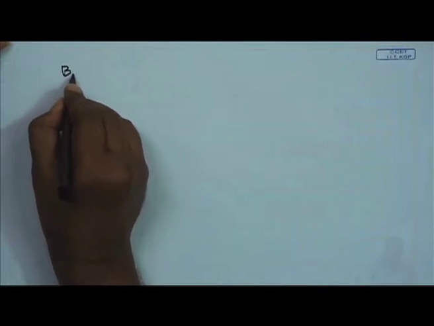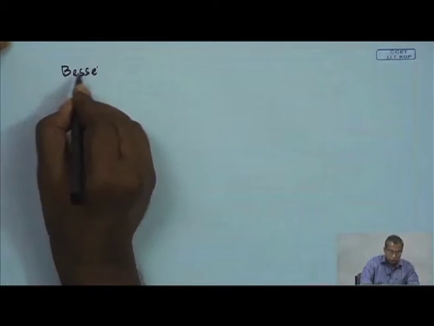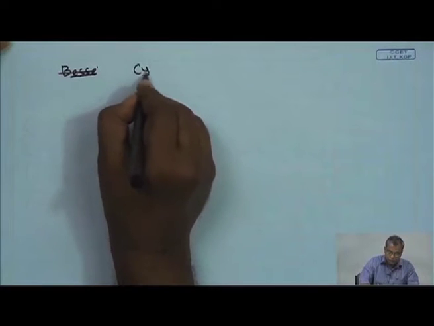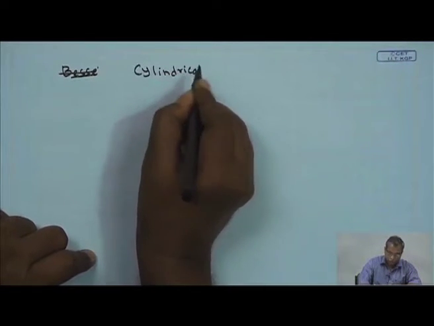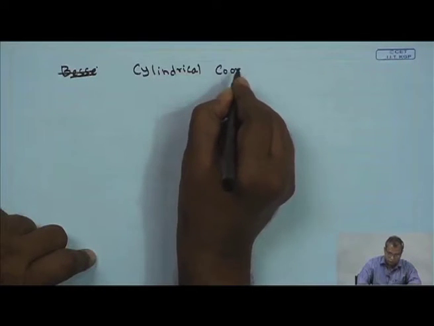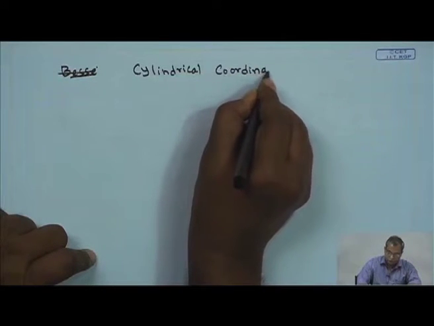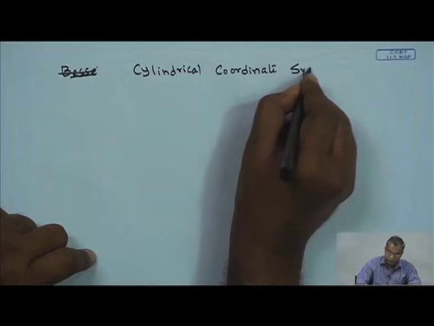Now let us look into the Bessel equation. This will basically be for the cylindrical coordinate system.